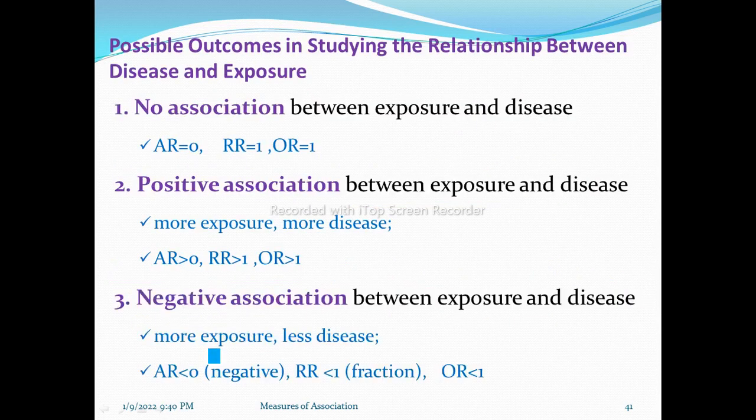Now a very essential concept is this one: possible outcomes in studying the relationship between disease and exposure. The outcome may be no association between exposure and disease.